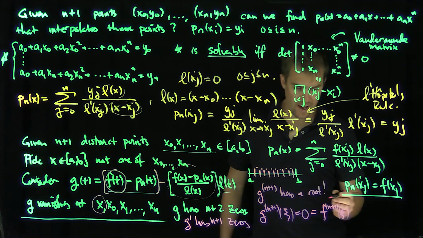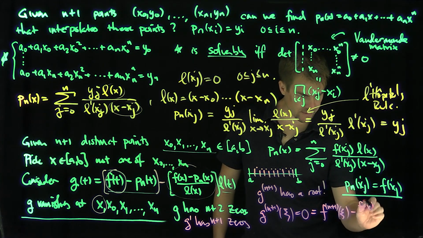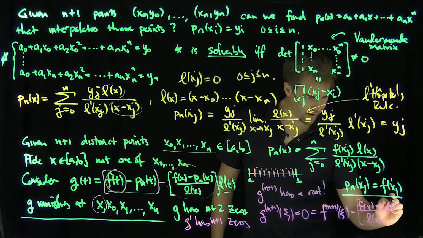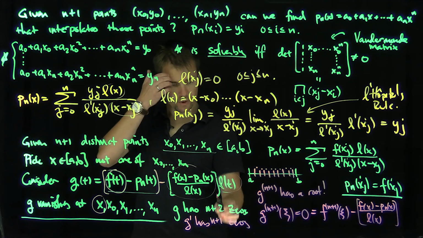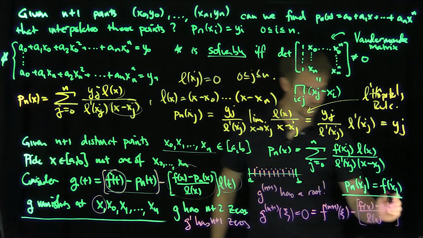Excellent. And so now, what will this be? This is going to be minus f of x minus Pn of x over L of x. And if I do n plus 1 derivatives of L of t, that's a polynomial of degree n plus 1, so I'm just getting n plus 1 factorial.